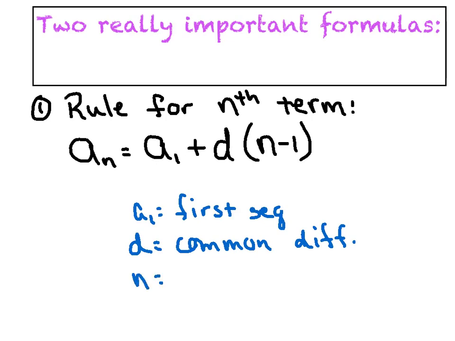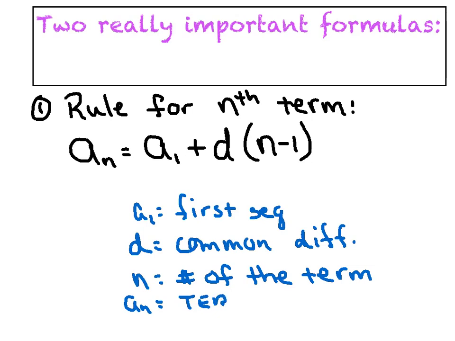N represents the number of the term you're looking for. So if they want the 5th term, you would simply substitute a 5 for n. And a sub n represents the term itself, not the number of the term, but the term itself. We'll definitely practice using that.